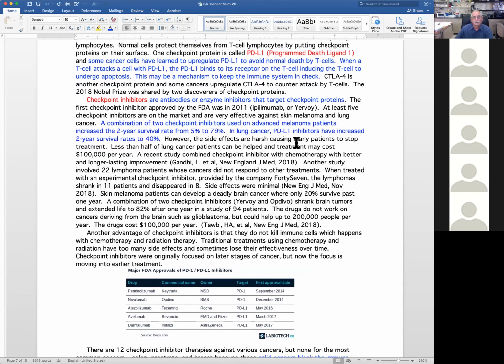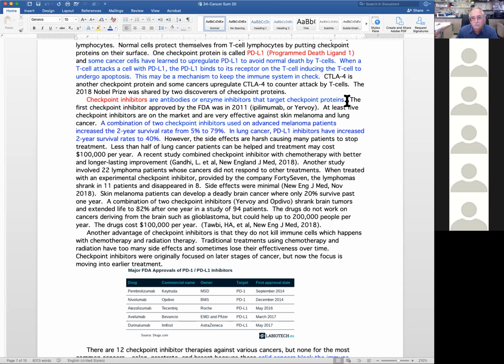So what are checkpoint inhibitors? Inhibitors are antibodies or enzyme inhibitors that target checkpoint proteins. Okay? So if you can inhibit the tumor from producing checkpoint proteins, then the immune system can then attack that tumor. That's the idea.